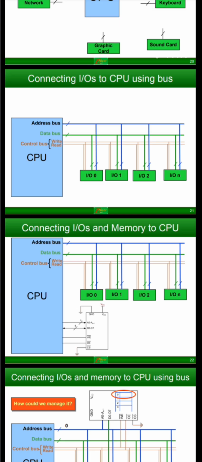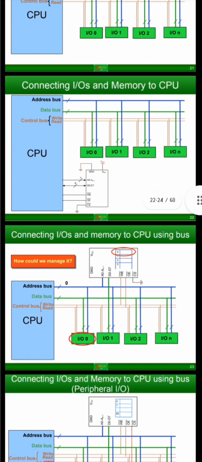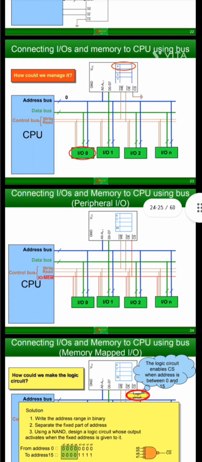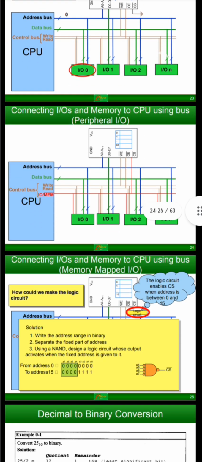It basically refers to how the memory and input output can be transferred, from the input output to memory locations, through read write and address buses to the output pins of the CPU. Now in this we can see that there is a register of many bits, and we see how we could make the logic circuit.